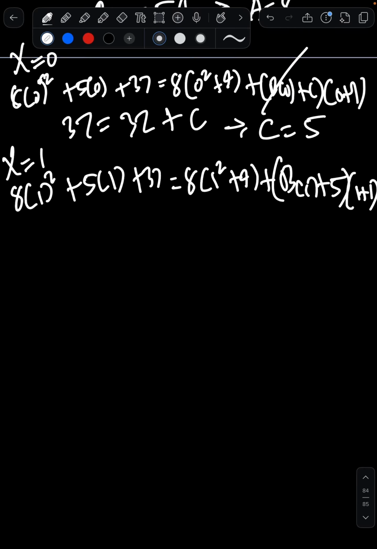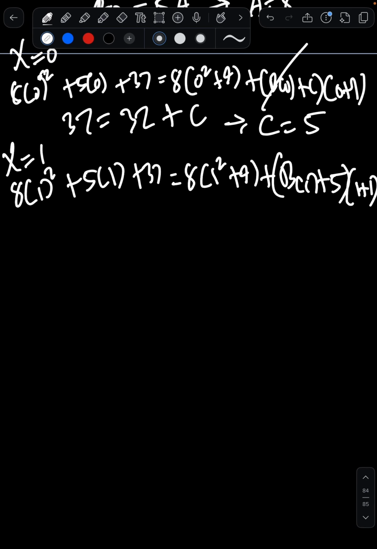Let's simplify the left side first. 8 times 1 squared is just 8, plus 5 plus 37 is equal to... 1 squared plus 4 is just 5. 8 times 5 is 40.